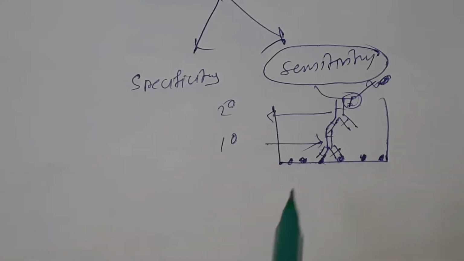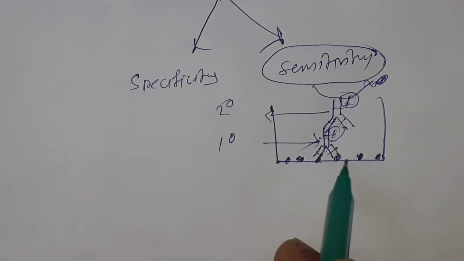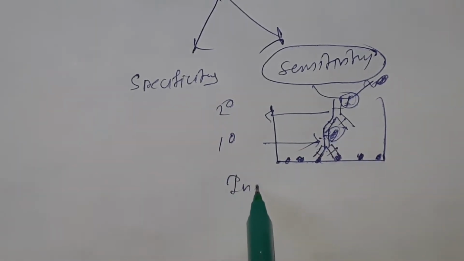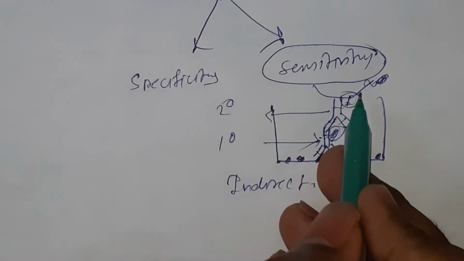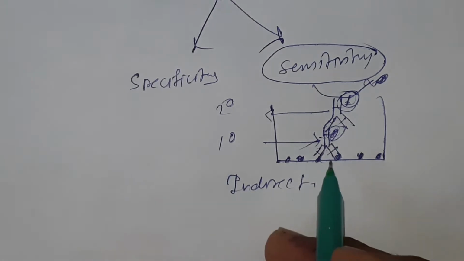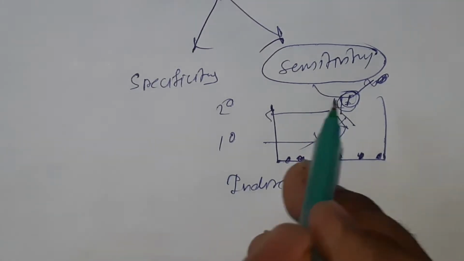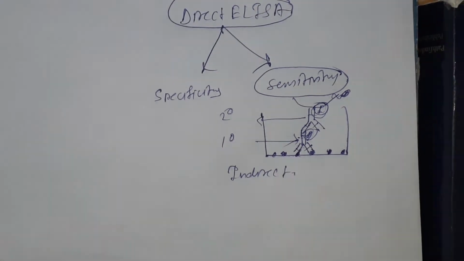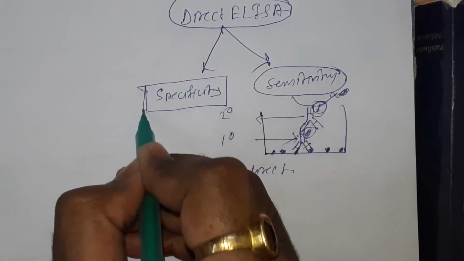Not only that, we learned that an enzyme linked antibody has lower affinity towards antigen. That is why indirect ELISA also solved that problem, because here the secondary antibody is enzyme linked and the primary antibody only serves as a bridge between our antigen and the secondary enzyme linked antibody. That is what we talked about in our previous video. So in this video we are going to solve the problem regarding specificity.